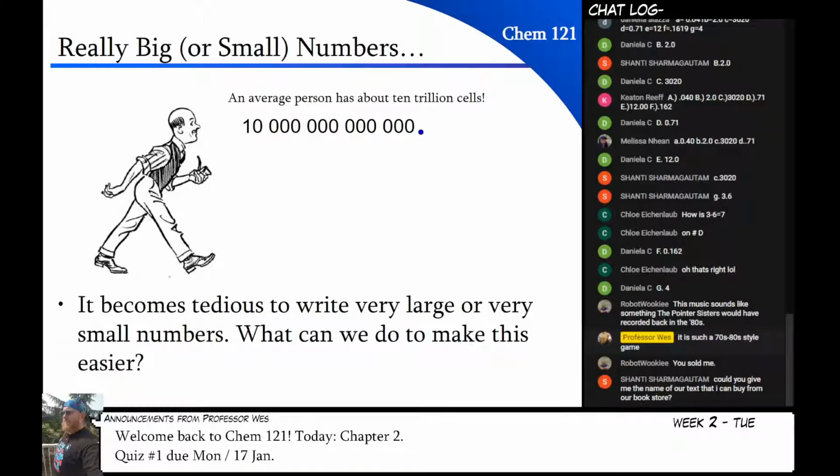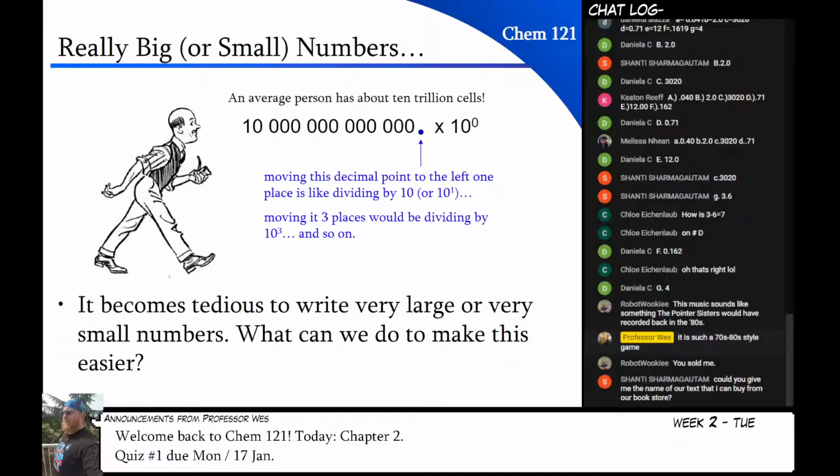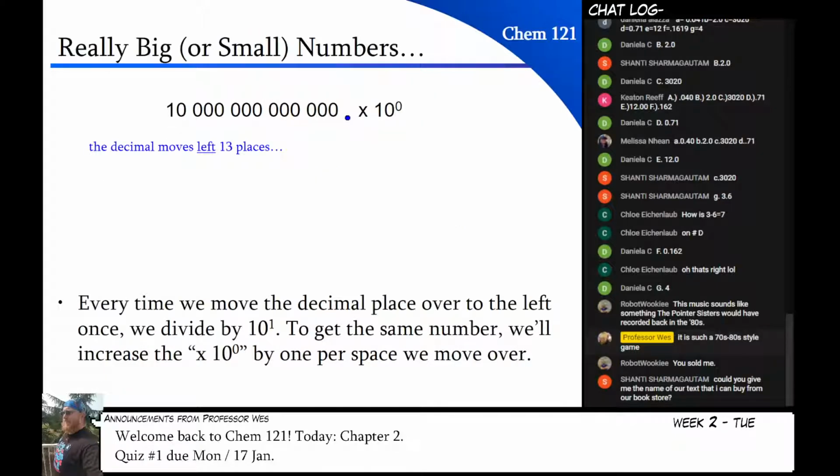We know how to write numbers in scientific notation. If you move the decimal point to the left, we can write a times 10 to the exponent that increases. So, like, if I do this, and I move this to the left 13 places, I could write my answer like this.